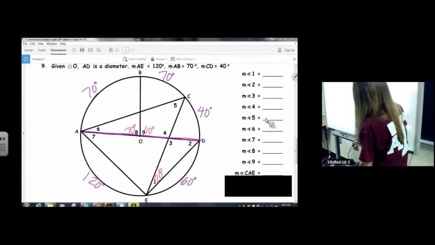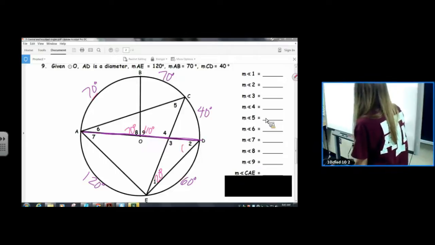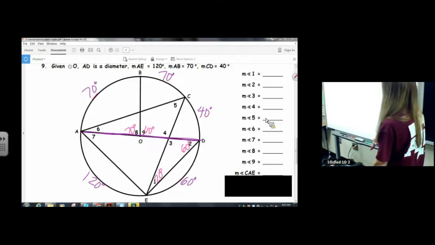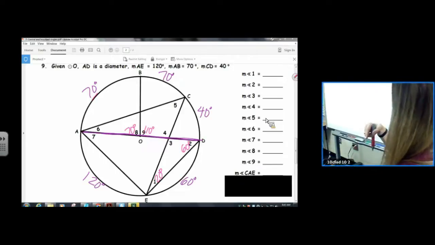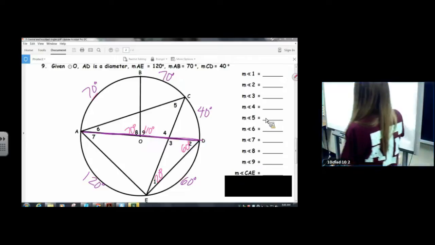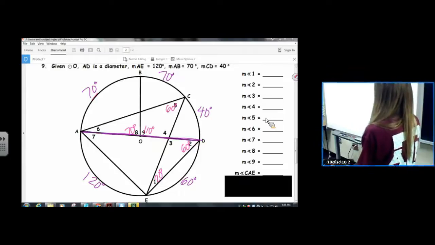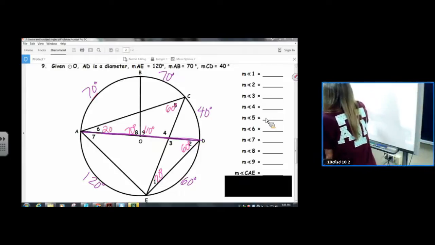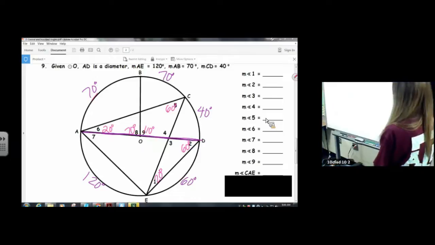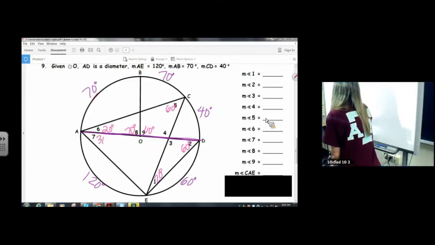Number 2, 120 divided by 2, 60. Number 3 is not inscribed, so I'm going to stop for now. Number 5, 120 divided by 2, 60. Number 6, 40 divided by 2, 20. Number 7, 60 divided by 2, 30.